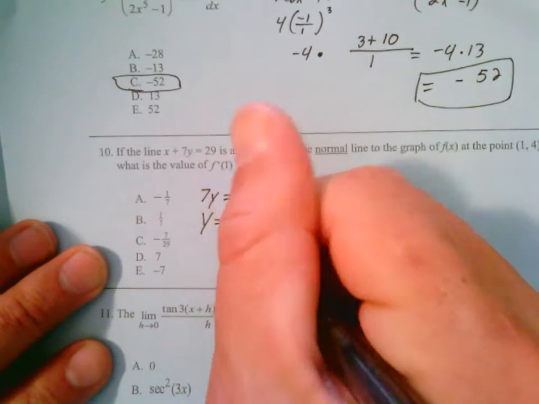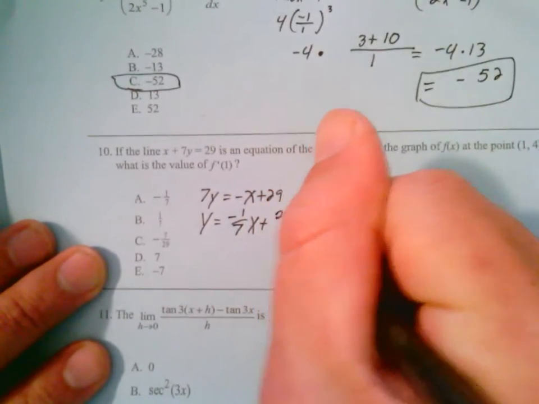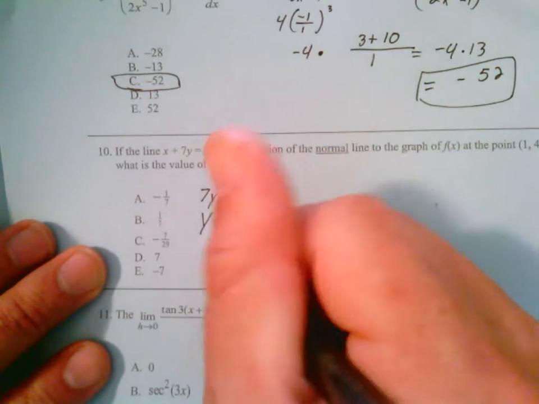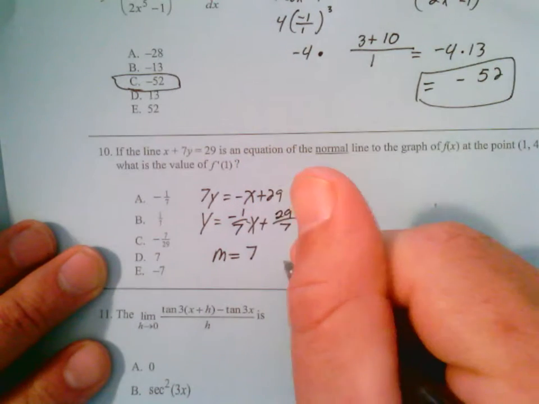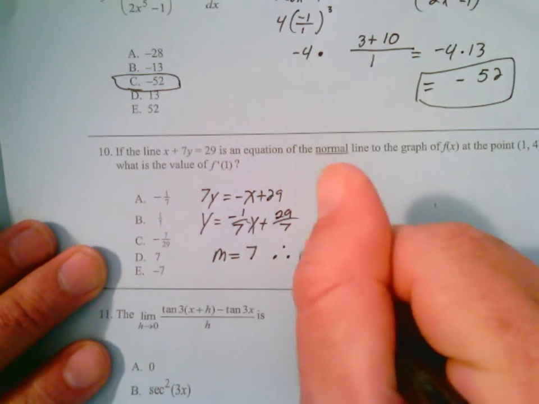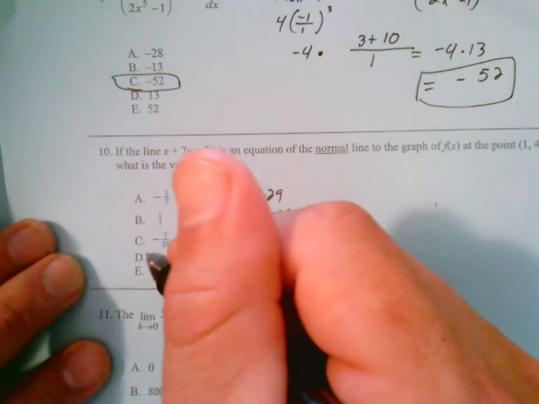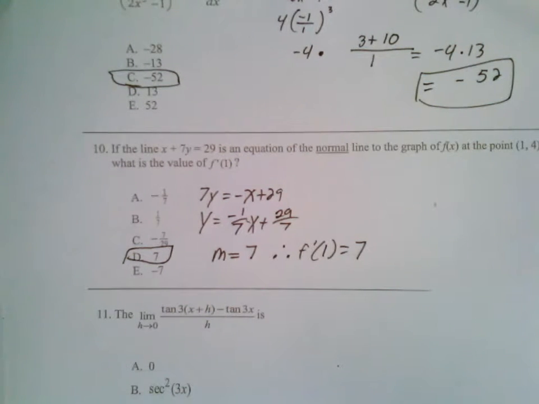Y equals negative 1 over 7x plus 29 over 7. So this is the normal line at x equals 1. The tangent line slope is 7. So therefore, f prime of 1 equals positive 7. Kind of a gimme if you know the vocabulary.